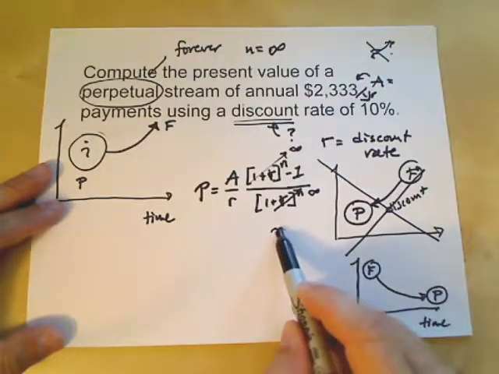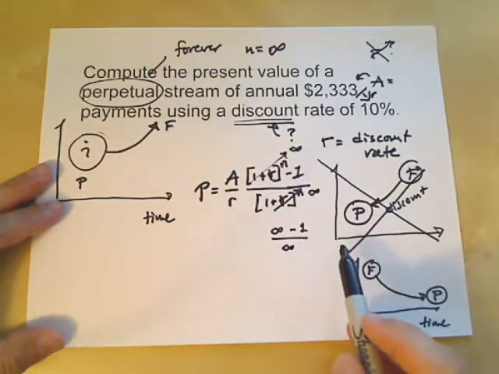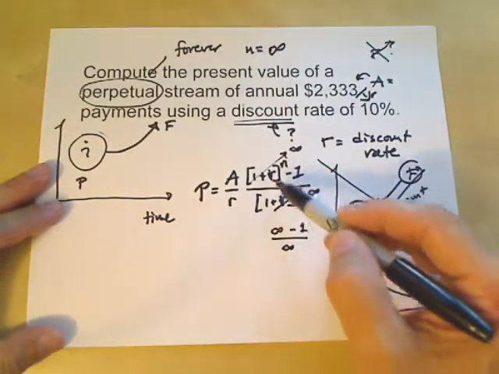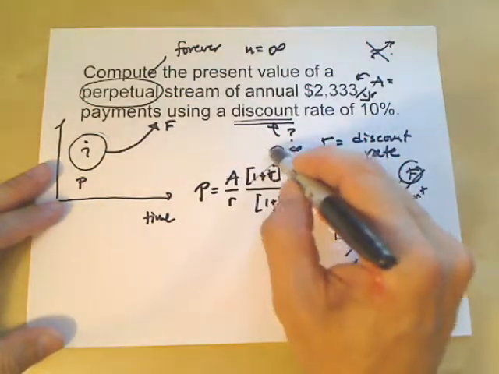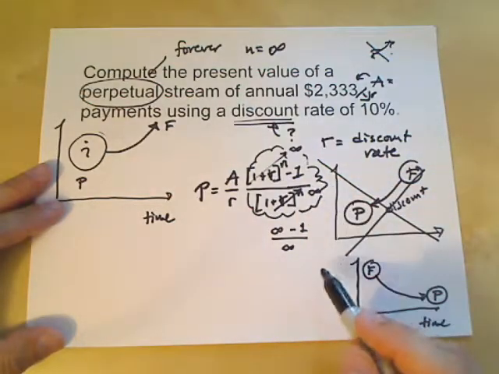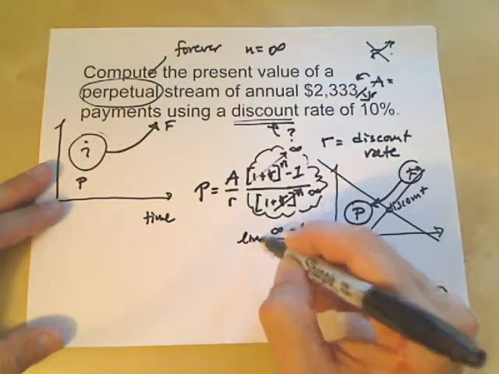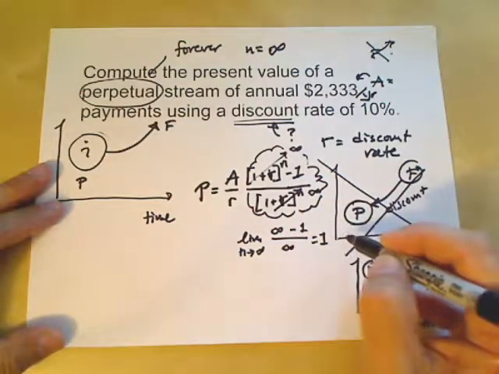But think about infinity minus 1 over infinity. Because these are identical when they get very, very large, this entire term is approximated as equal to 1. And in fact, the limit as N approaches infinity is 1.